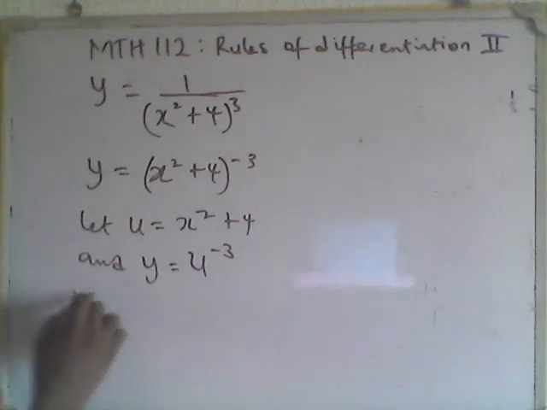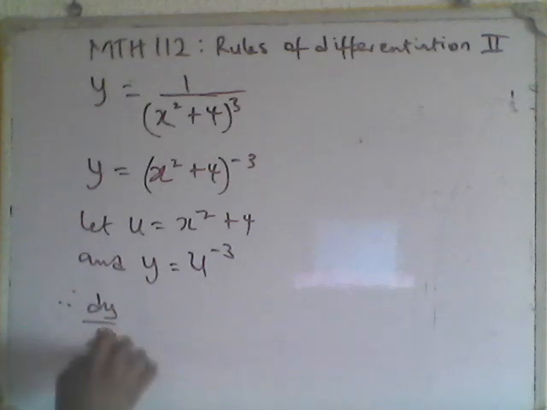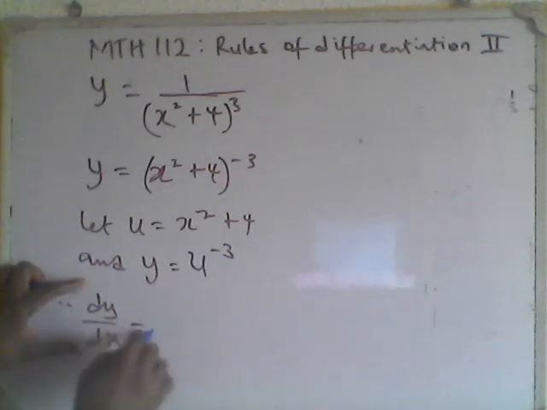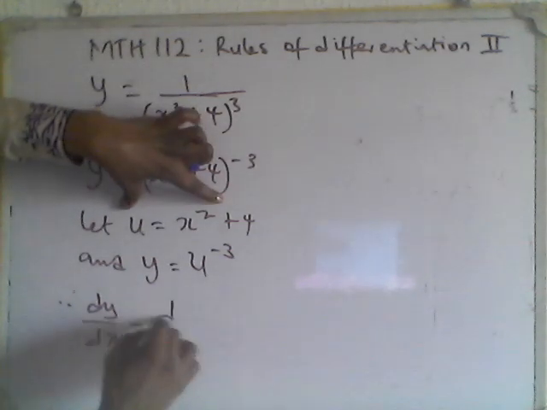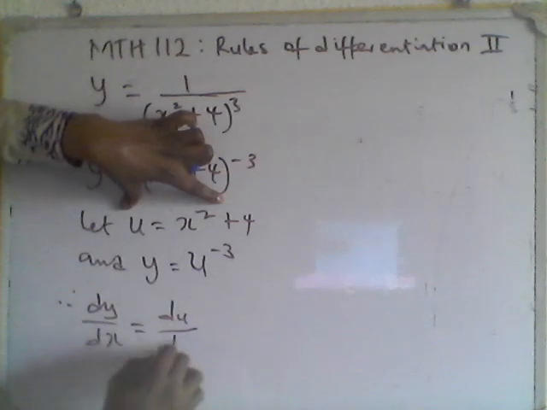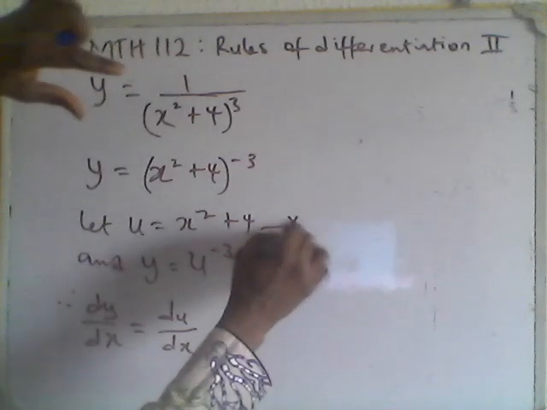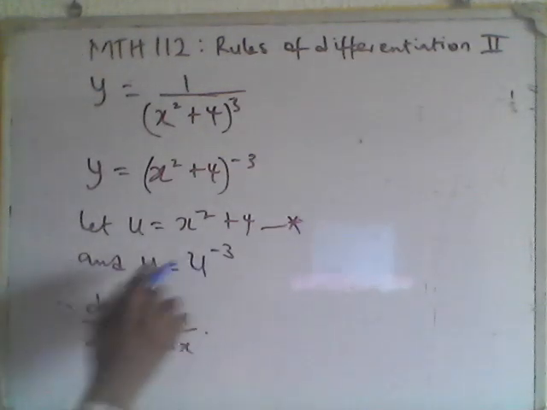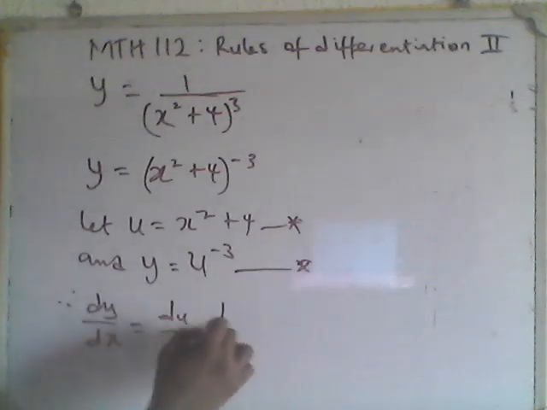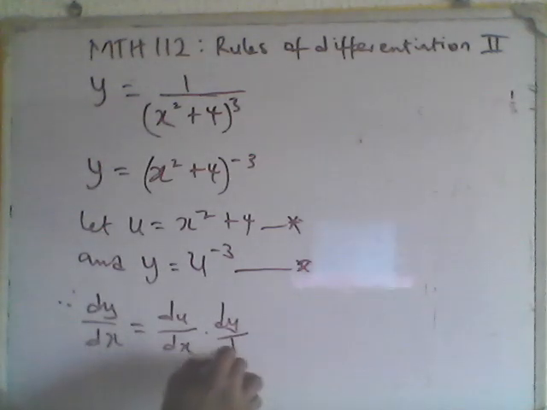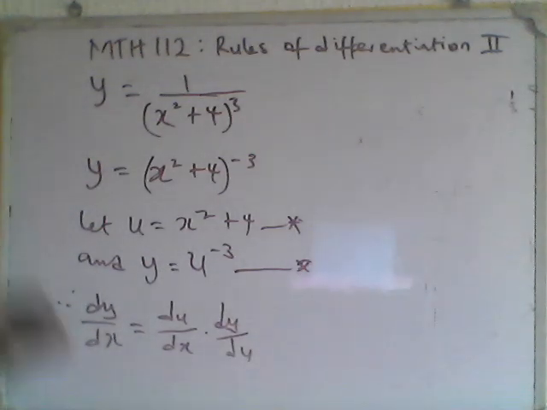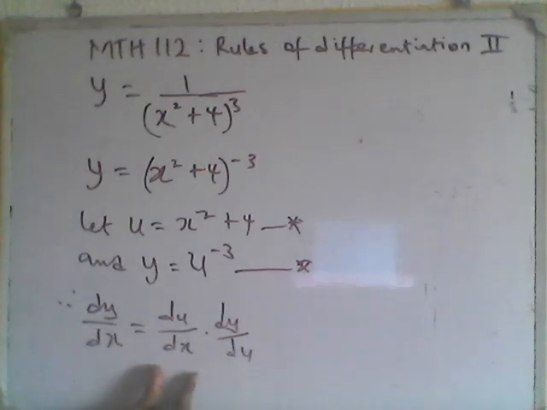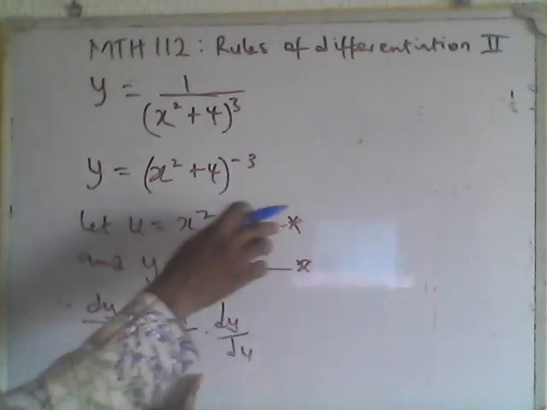So therefore, dy/dx is this one, du/dx, differentiate this, times differentiate this one too, dy/du. Okay, so I'm going to differentiate it one after the other. So du/dx, look at this like this.